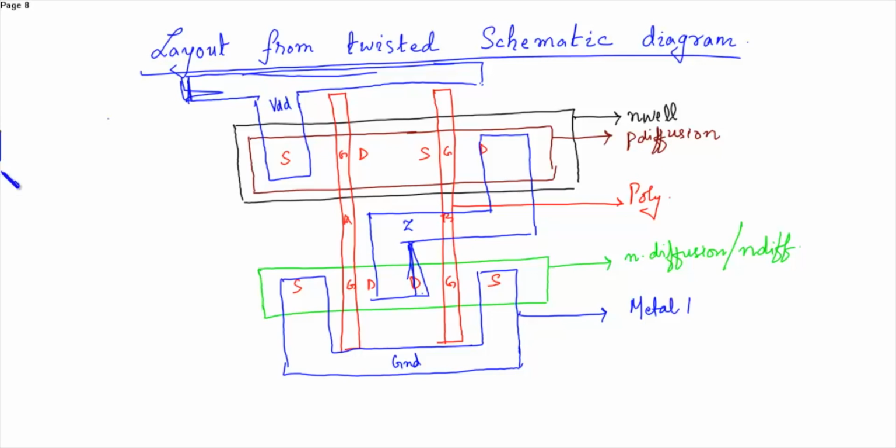Now you have to place the contacts. This is the P diffusion contact.